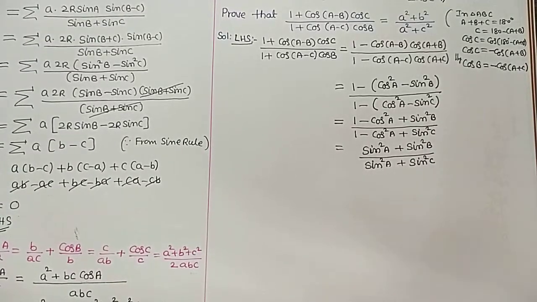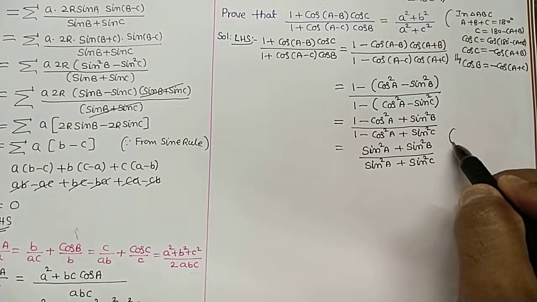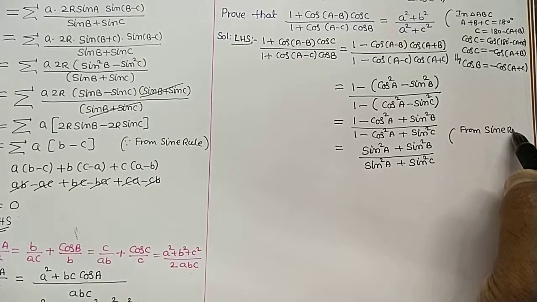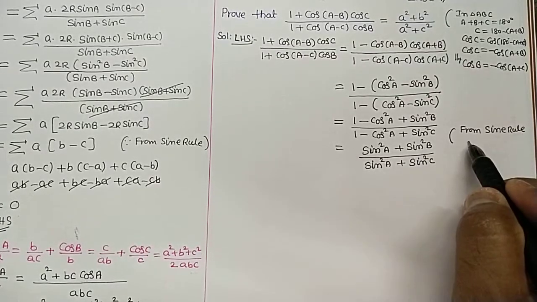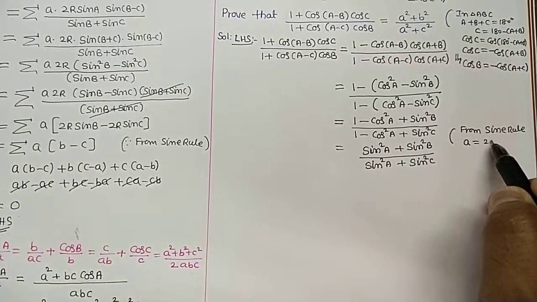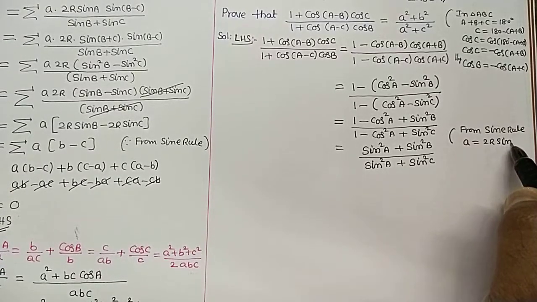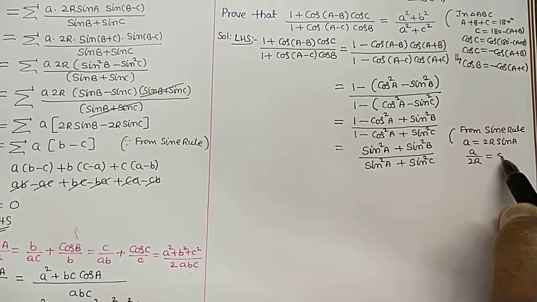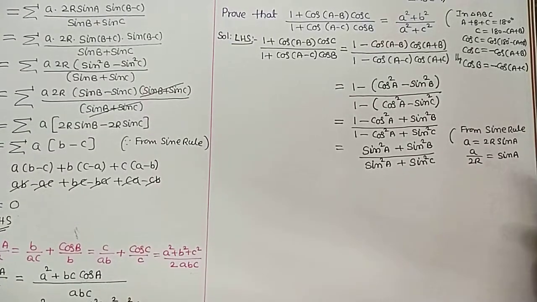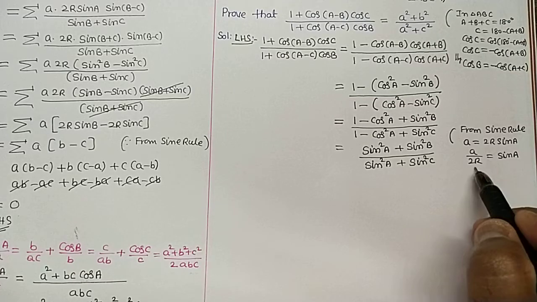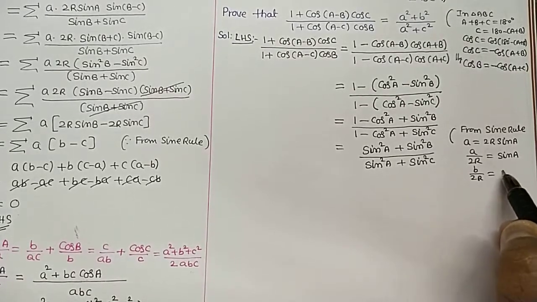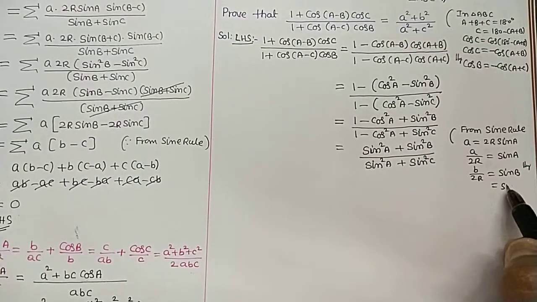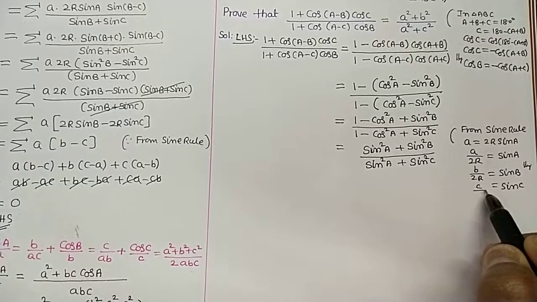After this step, again from the sine rule, a equal to 2r sine a. Making sine a the subject, a by 2r equal to sine a, and similarly b by 2r equal to sine b, sine c equal to c by 2r.